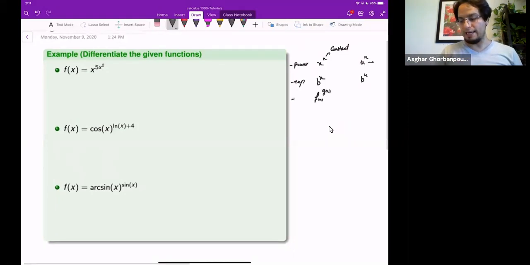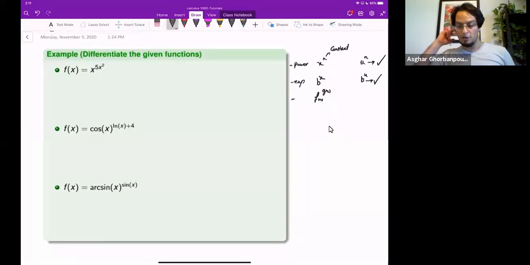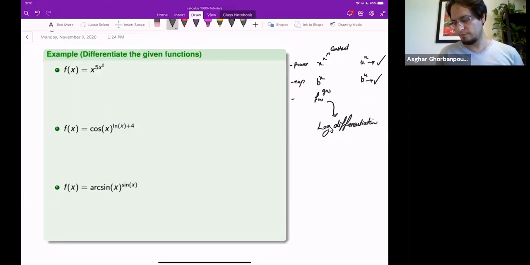For this, I have a rule. For this, I have another rule. But when it comes to functions like this, a function to the power of another function, none of them constant, then you need to use log differentiation. How does log differentiation work?